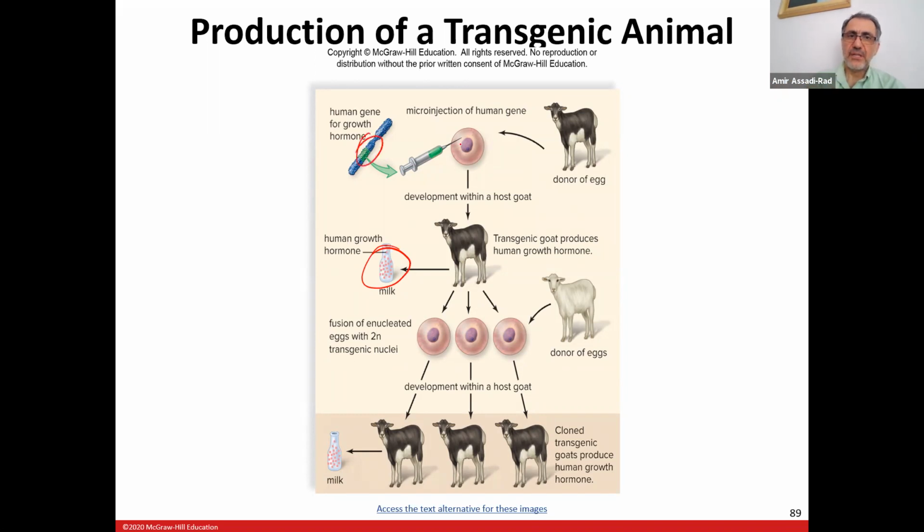You take the gene and you put it in a goat's nucleus cell, and then you can do cloning. Your chapter didn't go into cloning very much, but that's okay. So with cloning the animal, you got an animal that can make human growth hormone. So you can clone that animal right here, and then you collect a lot of human growth hormone.